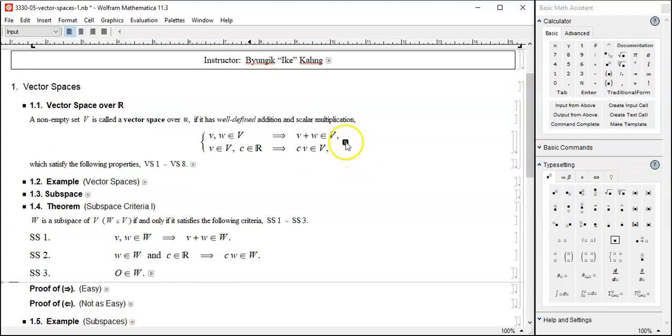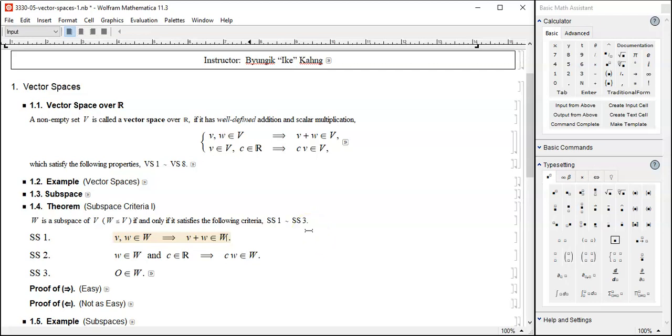What do we have to check? You have to check whether this addition and scalar multiplication are well defined in W. In V, of course, they are well defined because V is a vector space. W, on the other hand, we have all those algebraic rules, VS1 through VS8, yes, but well-defined addition and scalar multiplication in W, that's not clear, and that's something we have to establish.